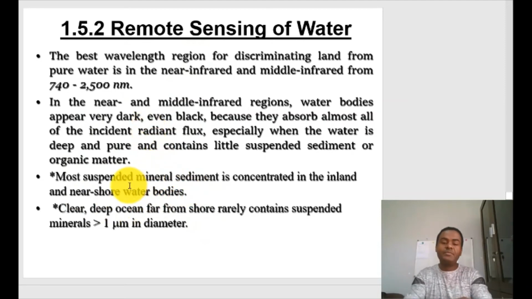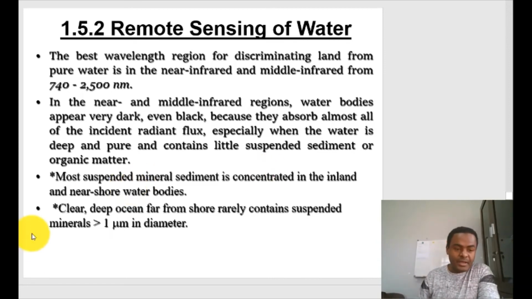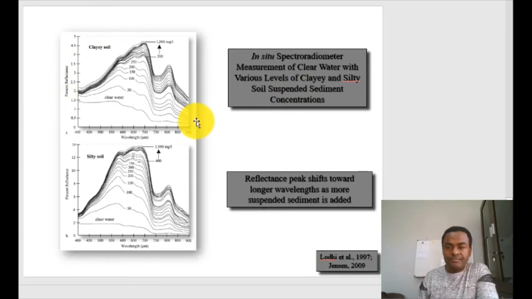Most of the time, suspended sediment will affect the original reflectance of pure water. In that case, you will have a different application scenario. For example, let me show you this. This is the original spectral reflectance curve of clean water. If you add clay soil, the reflected signal will go up.